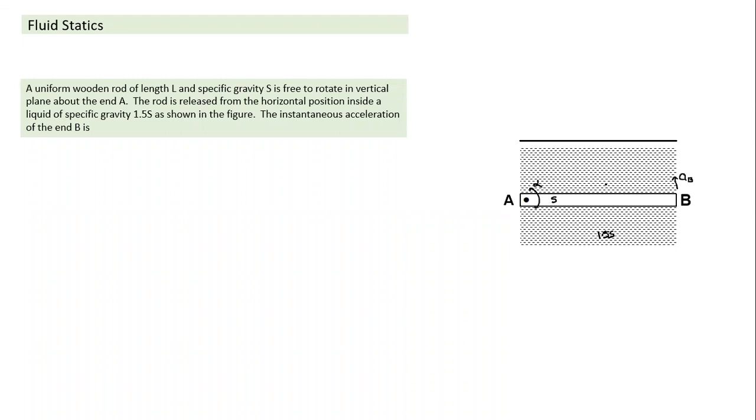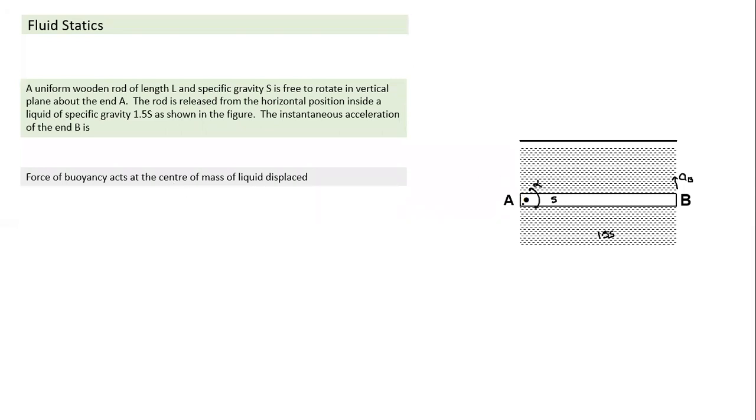So let's see how we calculate. One important point we need to understand: the force of buoyancy acts on different parts of the rod. For calculation of torque, because this is a question of rotational motion, I need to decide where to apply the force of buoyancy. When the object is submerged, the force of buoyancy acts at the center of mass of the liquid displaced.